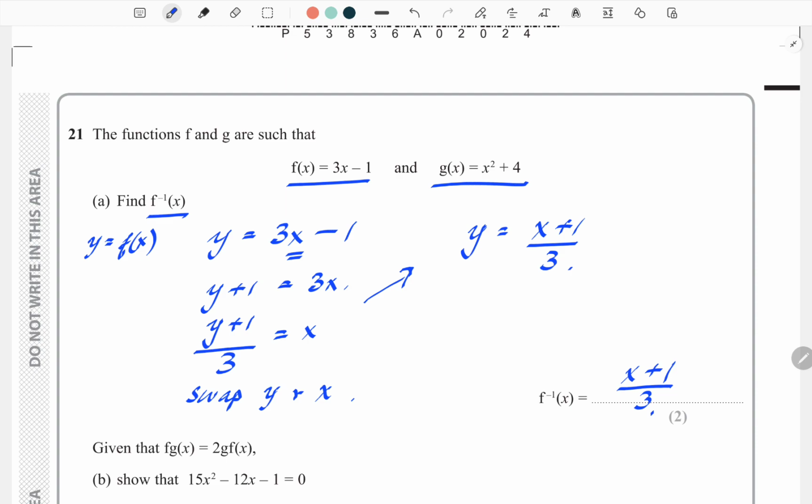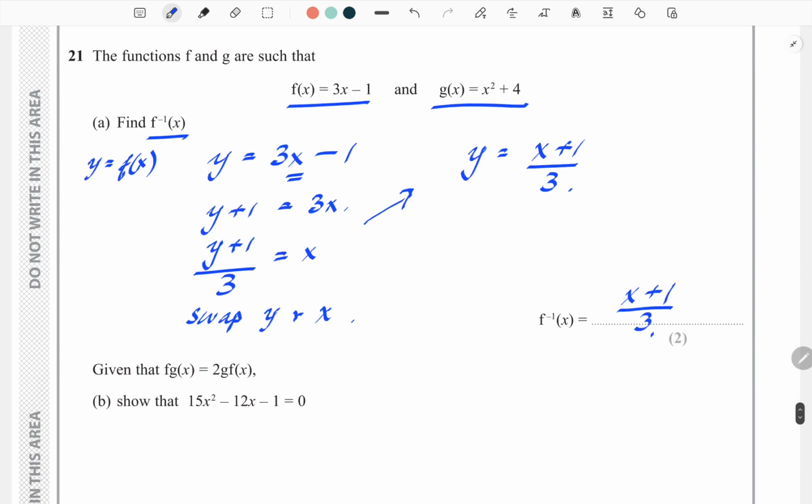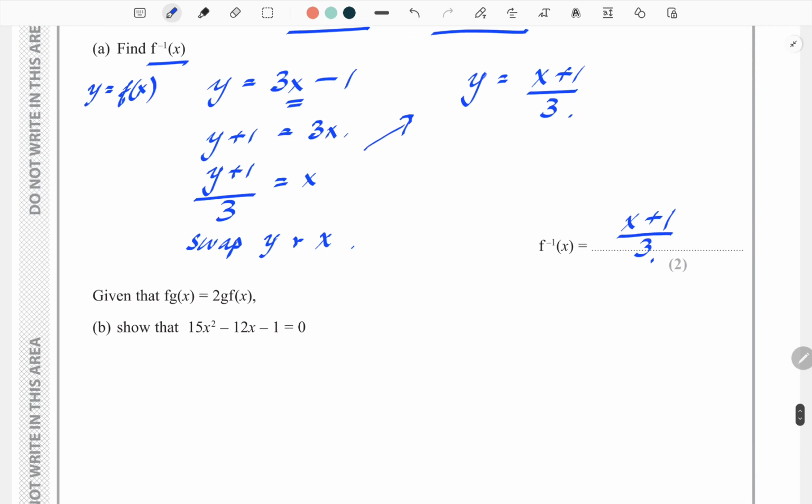Whichever you find most easy to understand. Okay, then we have this statement, f g of x equals 2 g f of x, right? This thing I am going to explain. I've got, again, a video on functions. Okay, so there is a short functions video.